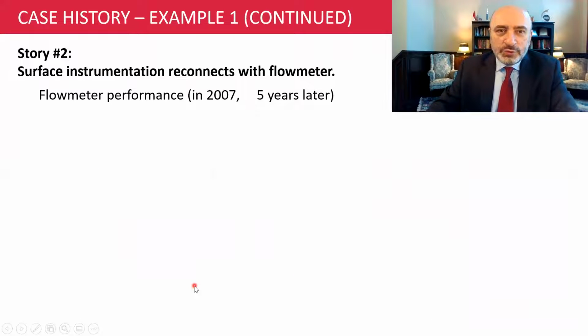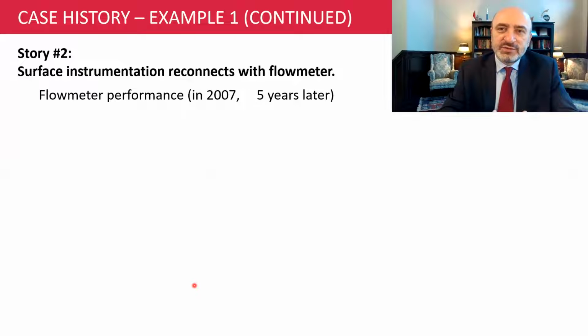So let's move on to story number 2. And that is also interesting. And the story goes like this. 5 years after the meter was installed, the operator contacted us and stated that the surface instrument got damaged.